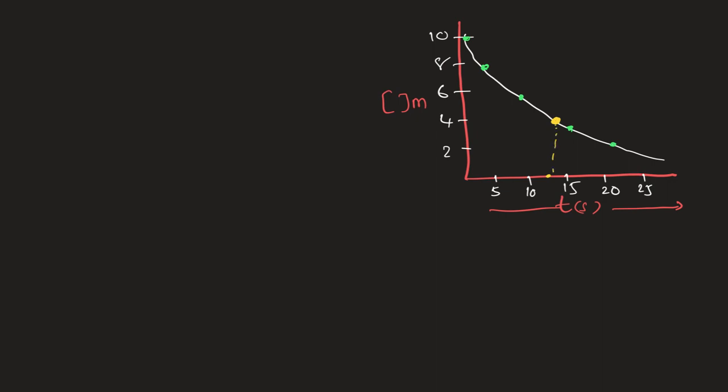Therefore, to know the rate at this time, we have to draw a tangent. That tangent is drawn like this. It should touch only which one? This yellow dot. Like this. Now this is a tangent.